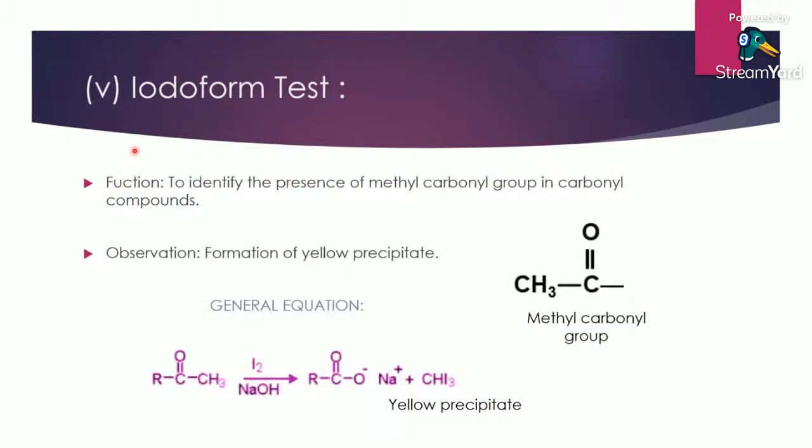The last test for this subtopic is the iodoform test. The function of this iodoform test is to identify the presence of a methyl carbonyl group in a carbonyl compound.